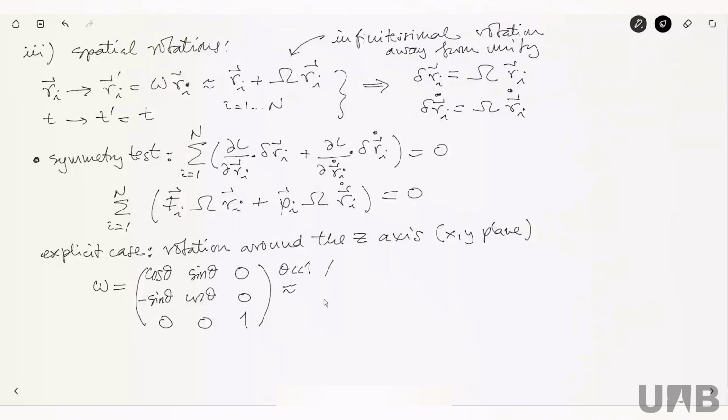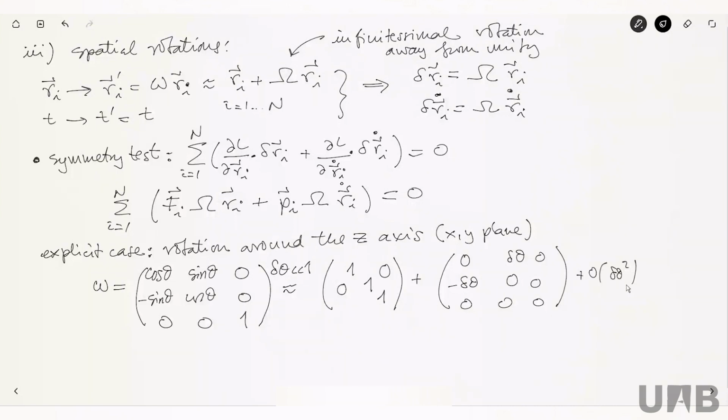So that means that I'm going to have the identity plus delta theta, minus delta theta, and zeros elsewhere. So that's for a very small angle, delta theta much smaller than 1.